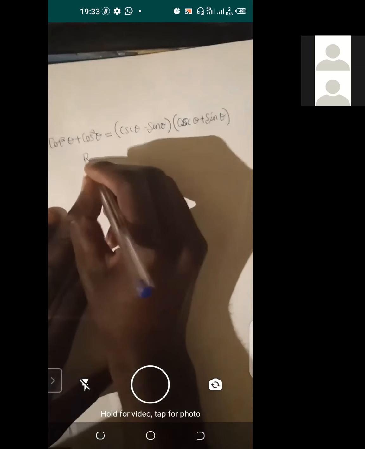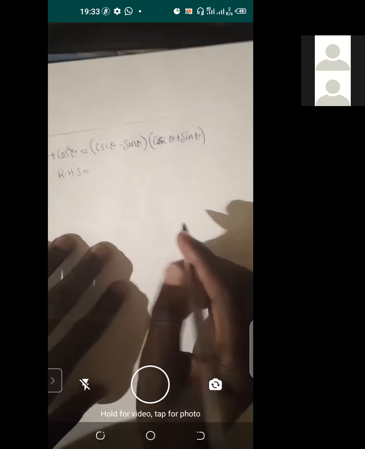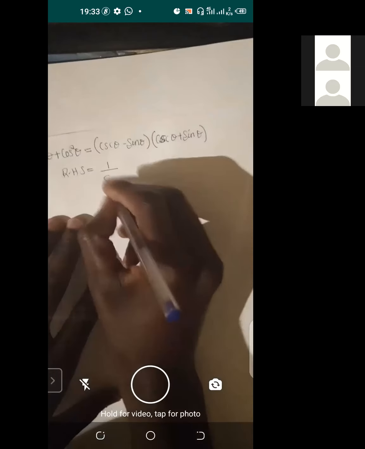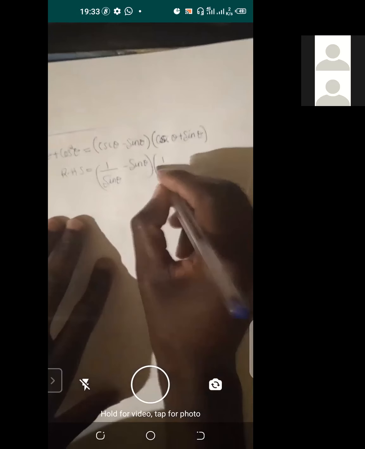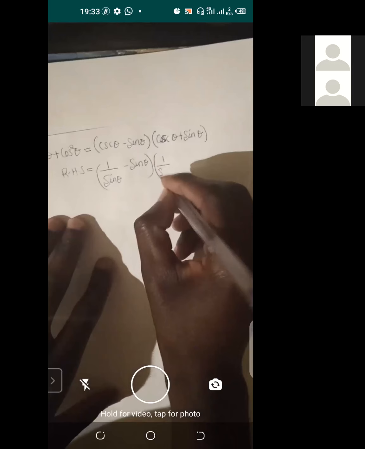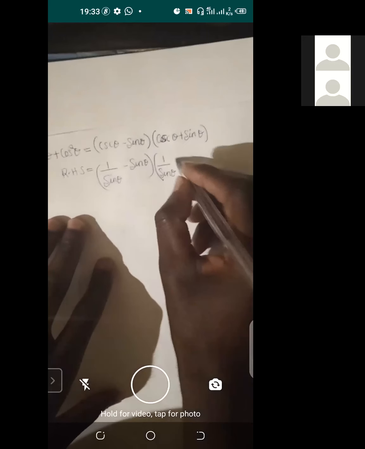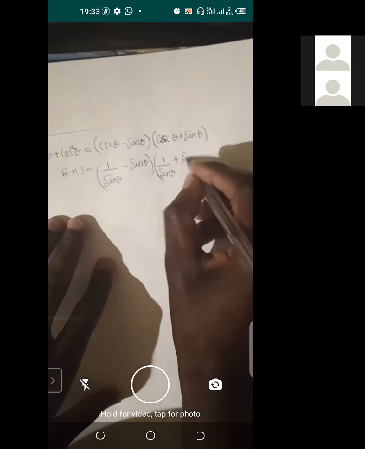So the right hand side is equal to 1 over sine theta minus sine theta, multiplied by 1 over sine theta plus sine theta.